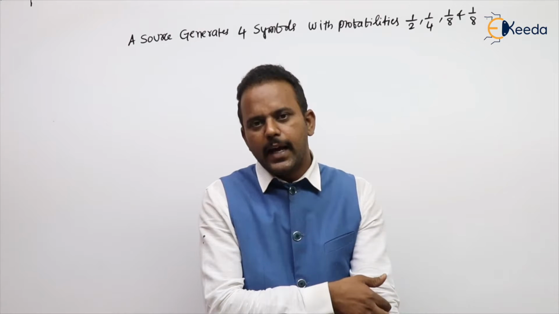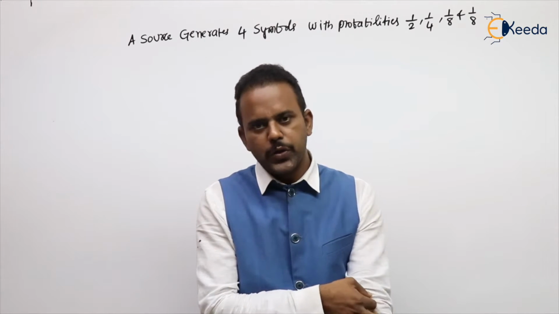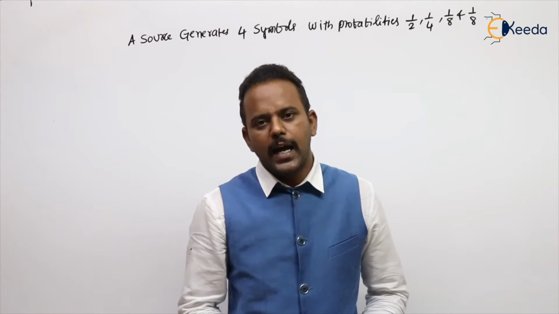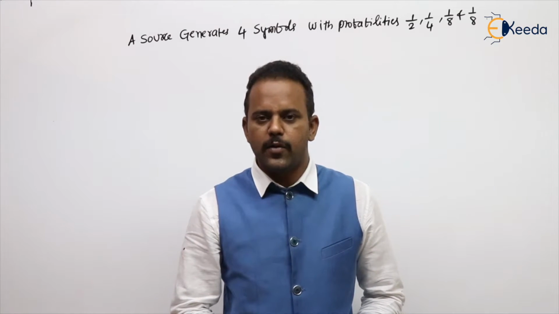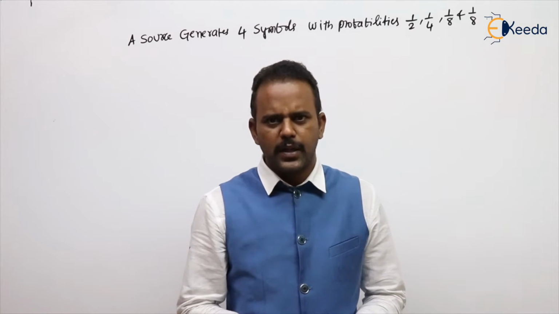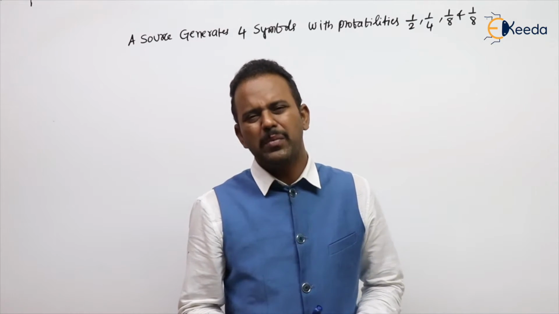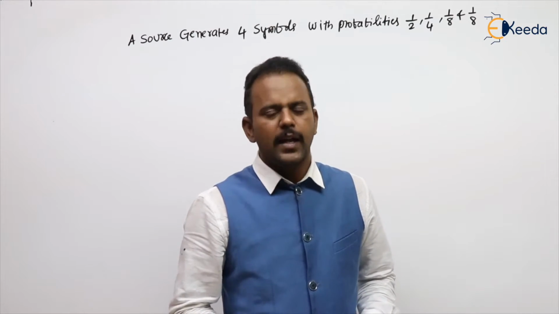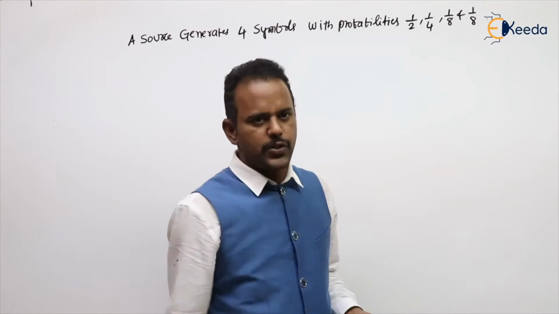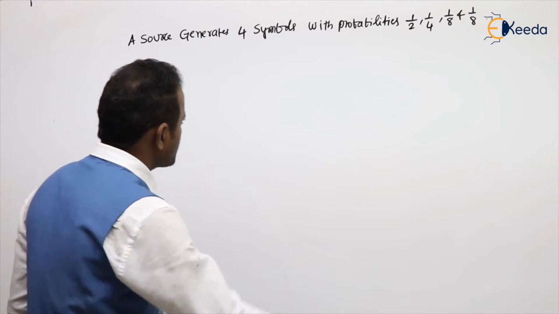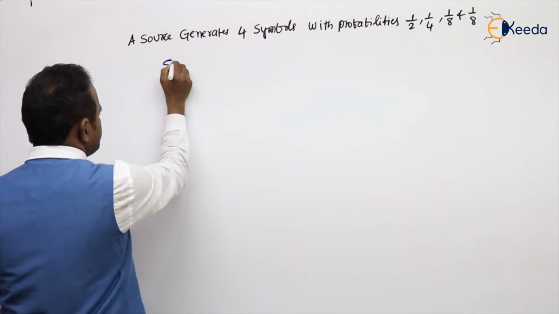I will show you all 3, as well as calculate the efficiency of each and every one, and we will also compare. Of course, in this problem, all 3 will be almost the same. Why? Because it's a simple problem. Let's start with the simple problem. Further, we'll proceed. So first, I'm doing the Shannon-Fano.